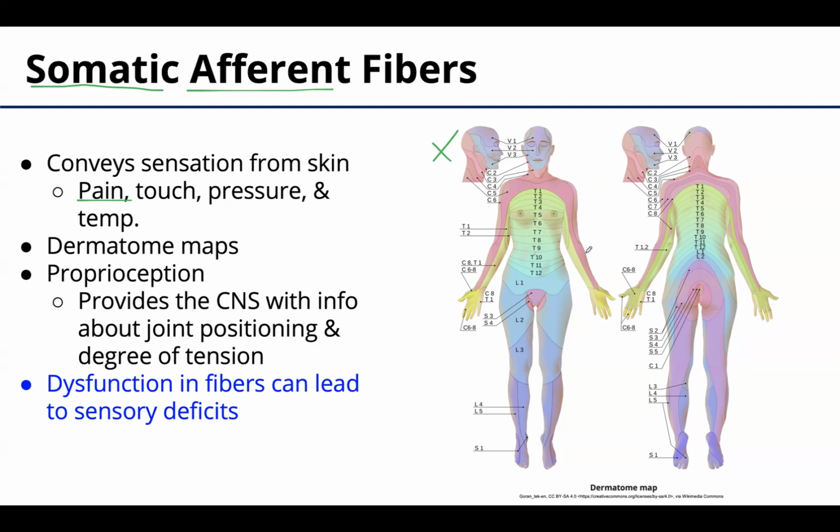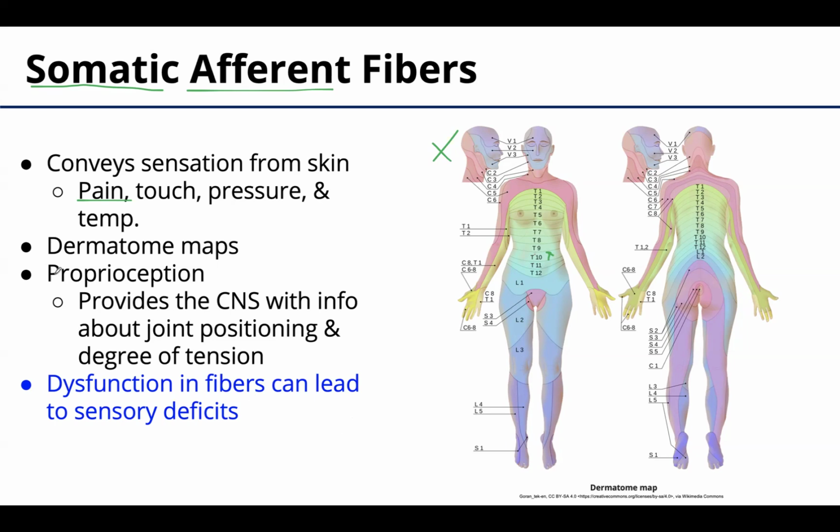So say if you have numbness right here in this T10 territory, that T10 dermatome could indicate that either the peripheral nerve or the source of that branch in the central nervous system has some form of an issue. So knowing this territory is really helpful in terms of trying to establish what's actually causing the clinical presentation.